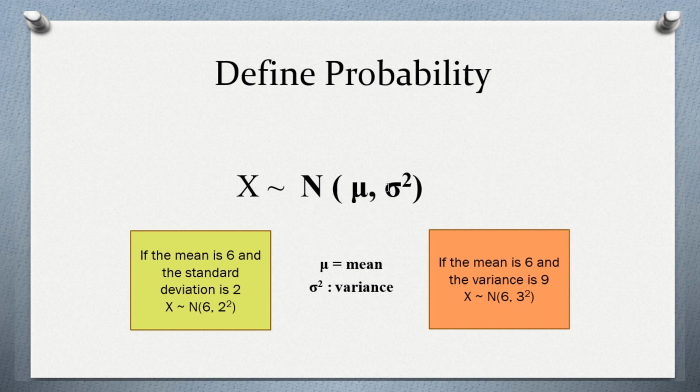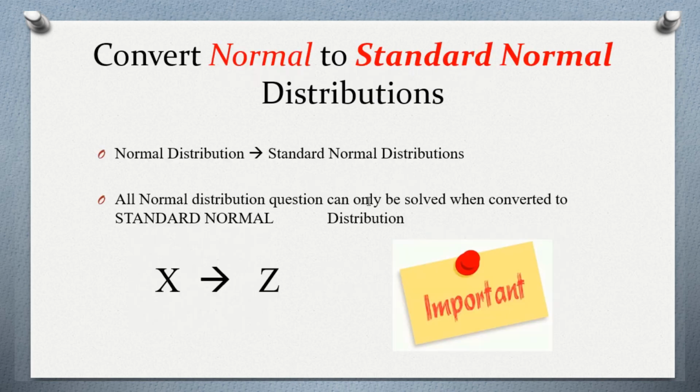So this is N, with mean and variance. If they give you the question, if the mean is 6 and the standard deviation is 2, you define it as N(6, 2 squared). Don't write 4, write 2 squared. Do you understand? If the mean is 6 and the variance is 9, you write it as N(6, 3 squared), not 9. Understand? Because this is the format of defining normal distribution.